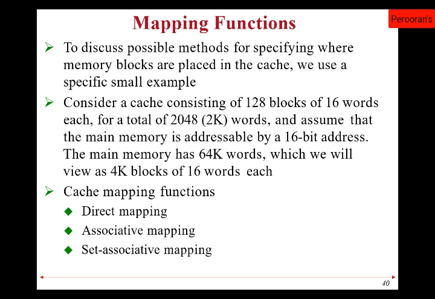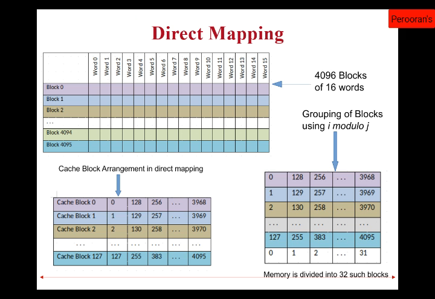The assumptions are, we are assuming a cache consisting of 128 blocks of 16 words each. That means a total of 2048 words are available in the cache memory. And we will take a main memory with a 16-bit address. That means the main memory has 64K words, and we can say it is 4K blocks of 16 words each, and the representation of this will be like this.